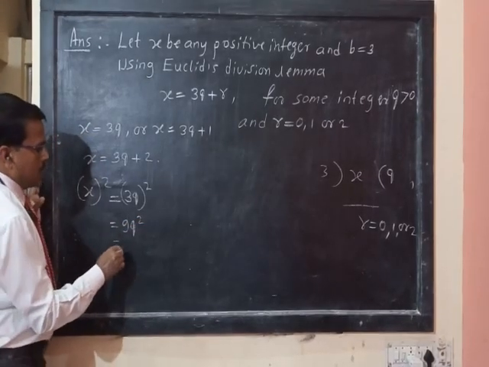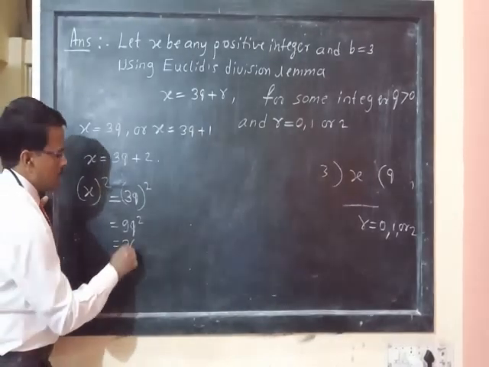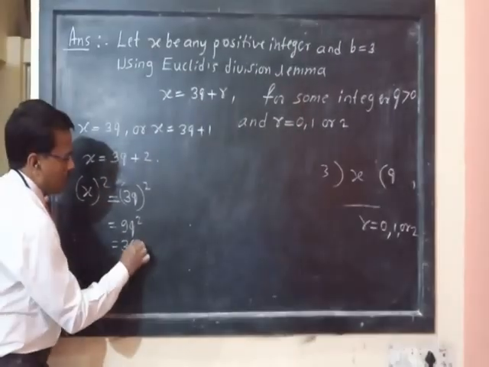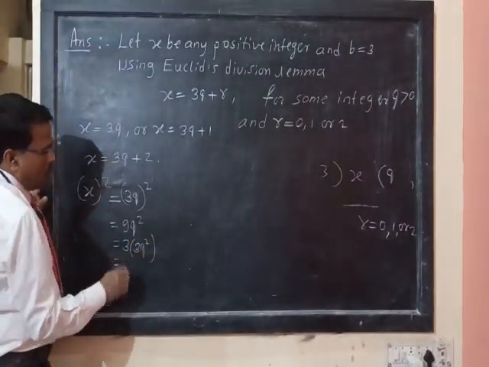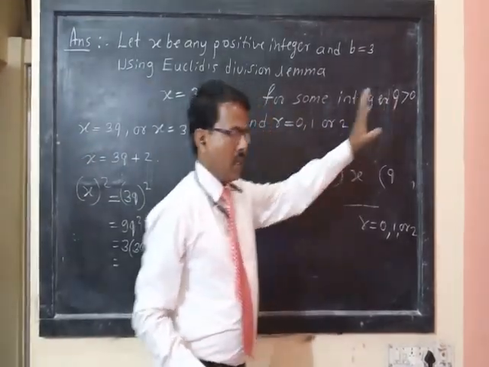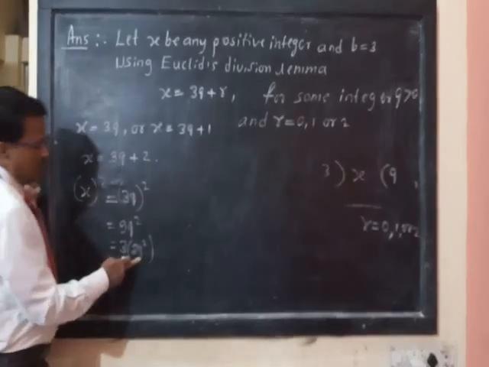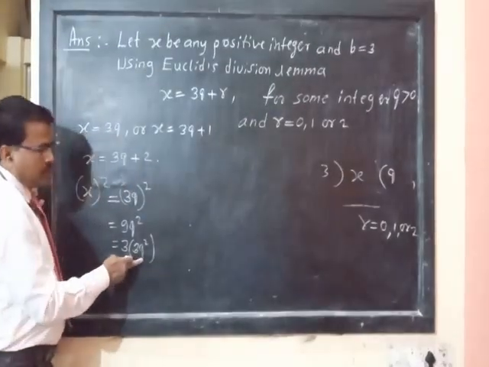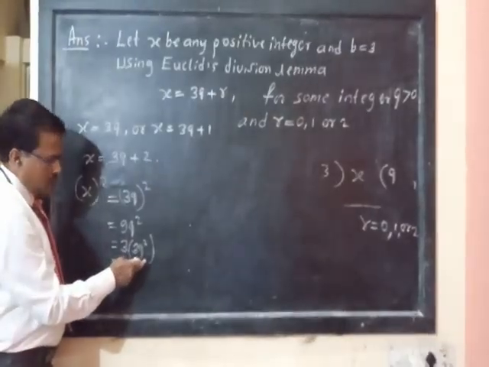It can be written as 3 into 3q square. q is some integer greater than 0. q is an integer means q square is also an integer, 3q square is also an integer.